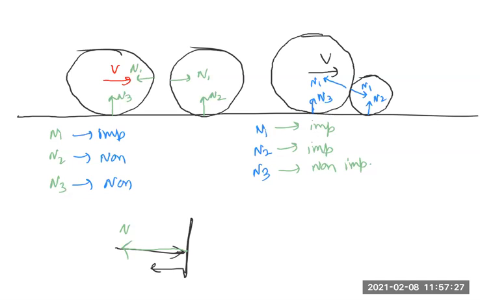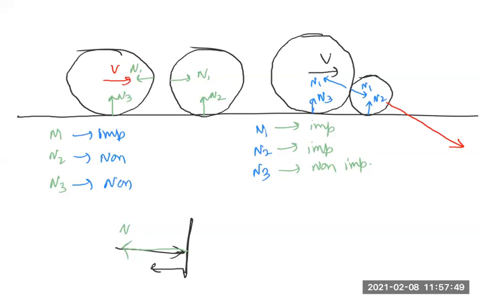So if N1 is impulsive, that means that the small ball must suddenly acquire a velocity in this direction. Okay? So this is the first characteristic of impulsive force. Sorry. शुरू हो गया मेरा.